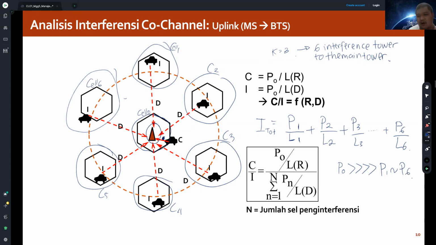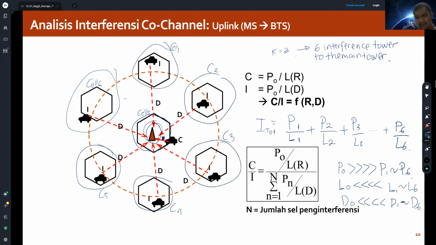Besides, the value of the loss itself is also less, right, compared to the losses L1 up to L6, right? Why did that happen? Since the distance of the communication from the user to the initial tower will be less compared to the distance from the other towers to the user, right?